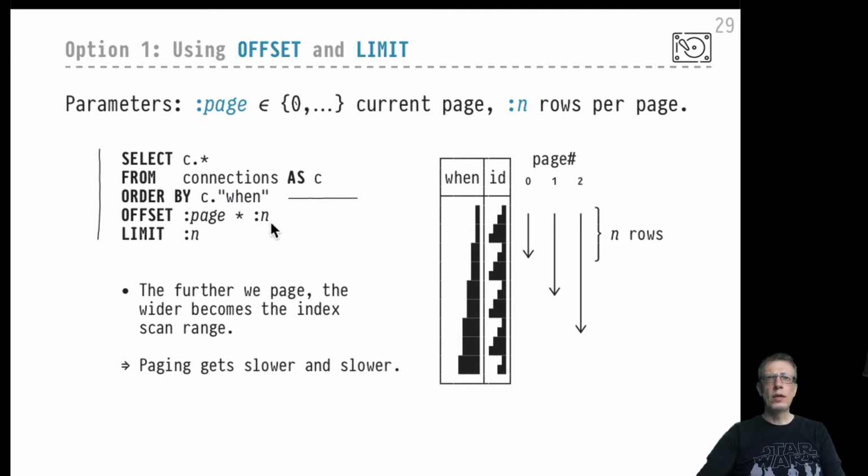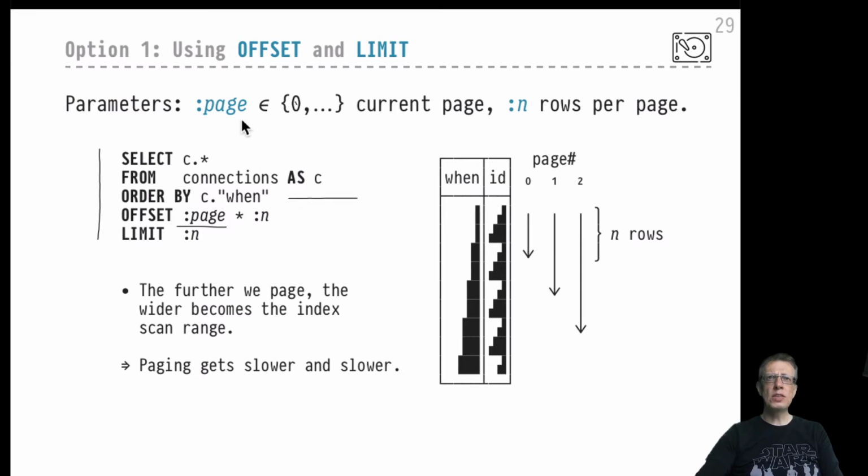So page times n, this is exactly the offset of the first row in the page that we would like to display now. All right, so if page is 0, then offset would compute a value of 0 times n, which would be 0, right? So we would start at the very beginning of the connections table.